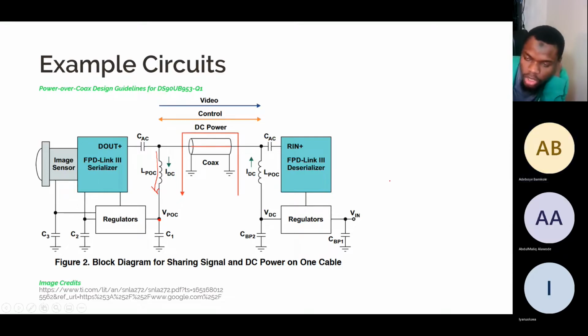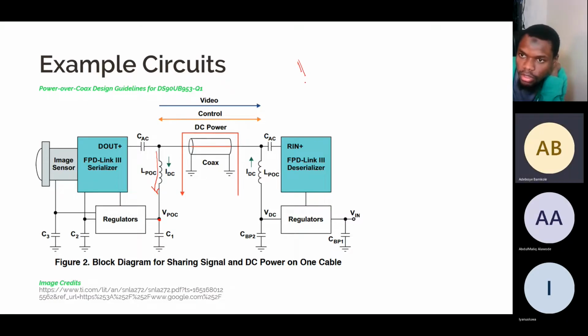Let me try and explain in another way. Let's say you have a circuit that looks like this.